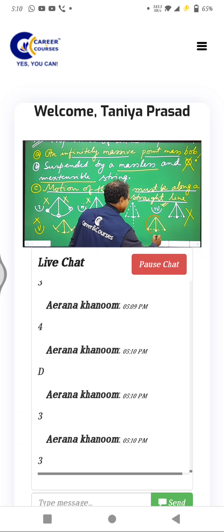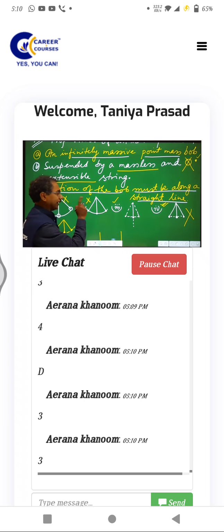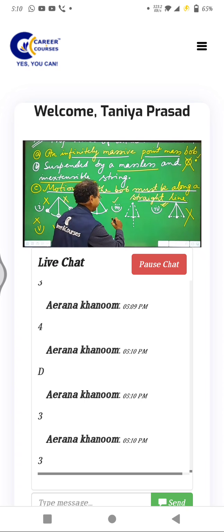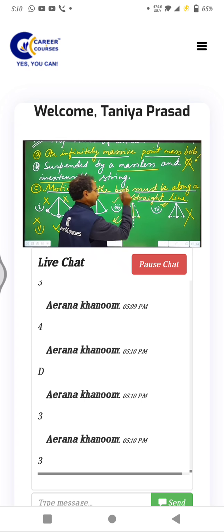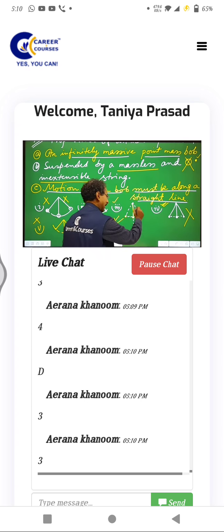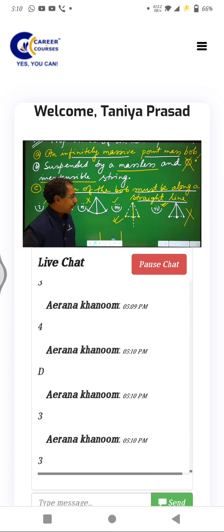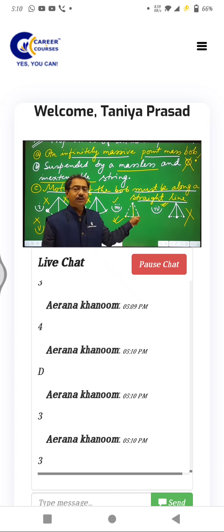Only in option C have all the points been depicted truly. Here it is given that yes, the body is a point mass. The body remains at the equilibrium. Sometimes it goes to the extreme points. That's why the extreme points are drawn with a dotted line.